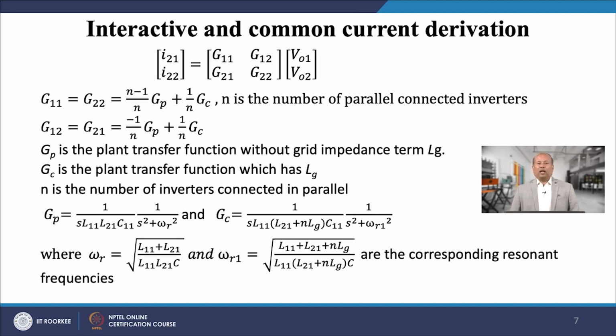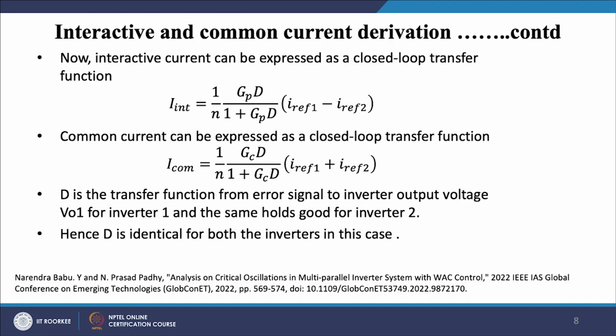Therefore, we can say that the transfer functions GP and GC contain the information of the different current components present in the inverter output. Further, they also give information on the frequency of oscillation if there is any interactive current flowing between two inverters.